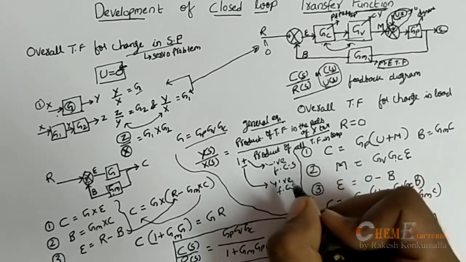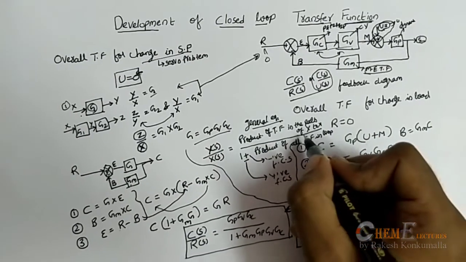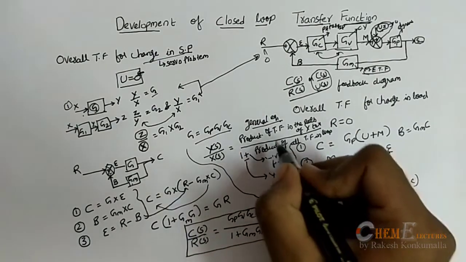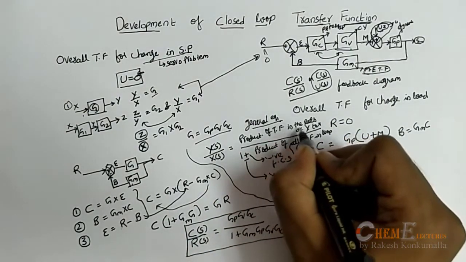So we'll try applying this generalized formula to what we derived for C of s by R of s and C of s by U of s. First for C of s by R of s, that means the product of transfer functions in the path of y to x.